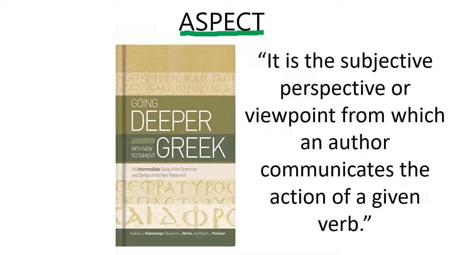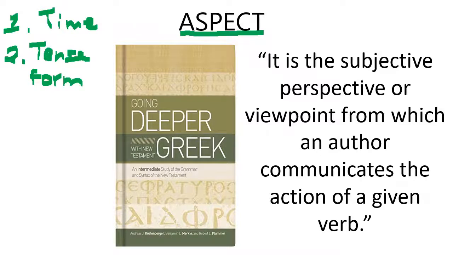So previously, we looked at 2 concepts of the Greek tense. So we said firstly, it talks about time, right? So when the action occurred, and number 2, tense form.